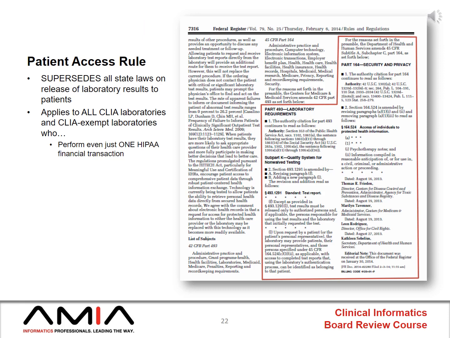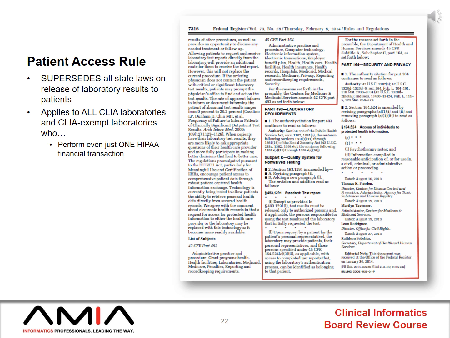Now, if you download the patient access rule from one of the federal government websites, you will note that it is a document which is about 50 pages or more in length. What's interesting about that is that the patient access rule itself modifies HIPAA and modifies CLIA, and those modifications only represent about a column and a half of page text, which I have highlighted for you on the right-hand side of your slide in front of you.